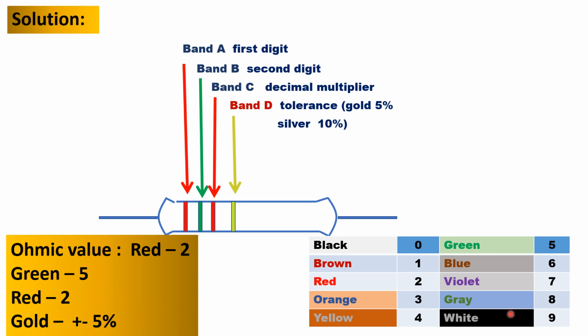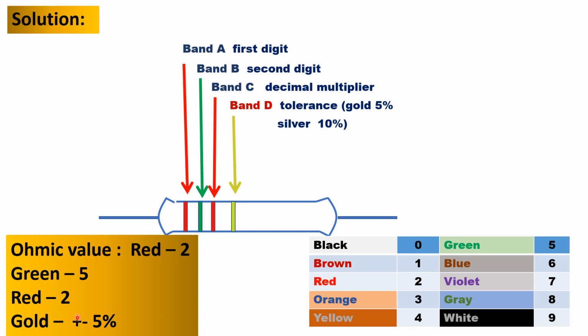So for the given color bands, the first color band is red, so it's equivalent to digit 2. For green, it's equivalent to 5. Red, again, is 2. And the degree of tolerance has gold as its color.